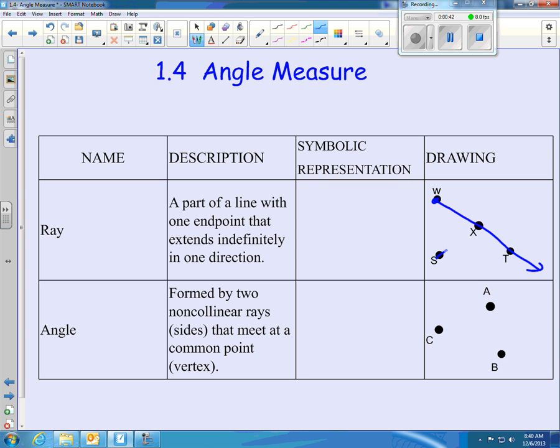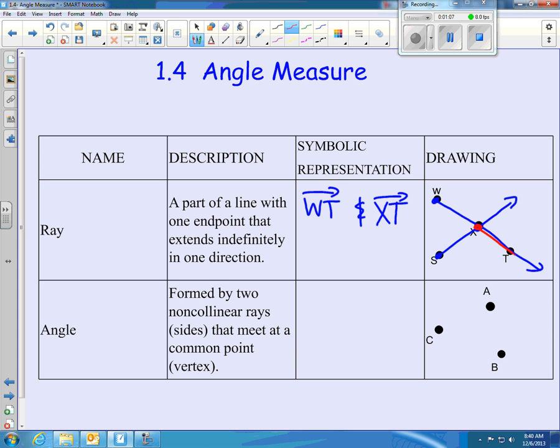We could also say that SX is a ray with one endpoint. We're going to label them just like we would a line, except we're going to draw a ray above it. So our first one we could say was WT and extend it in one direction. Or we could also call that one XT if our endpoint was here at X.